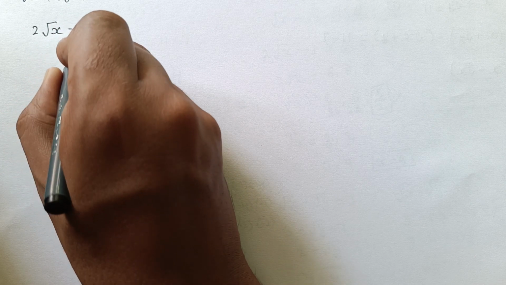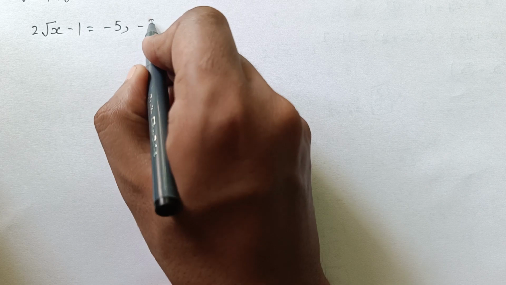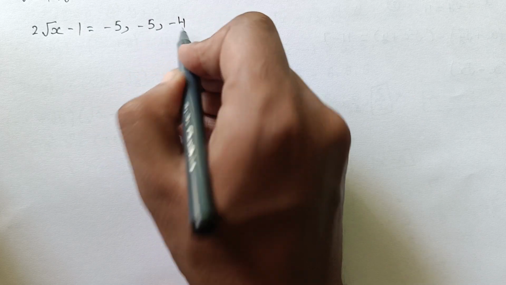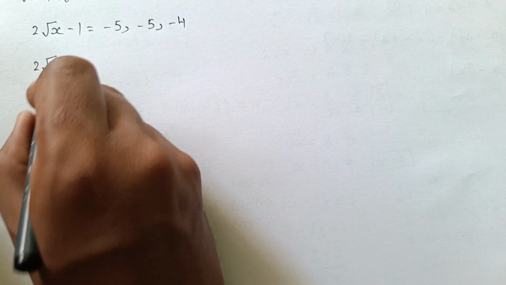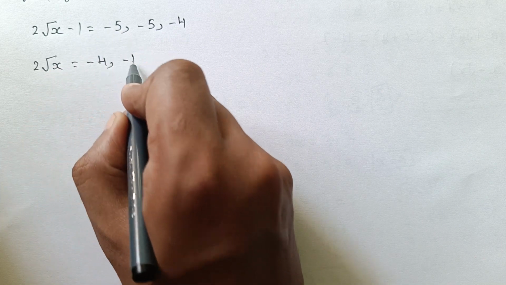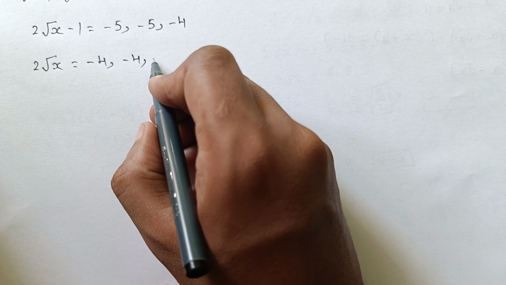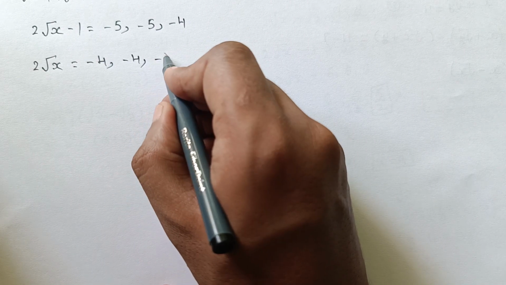So we add them and we get 2 root x minus 1 comes out to be minus 5, minus 5 and minus 4, and 2 root x comes out to be minus 4, minus 4 and minus 3.